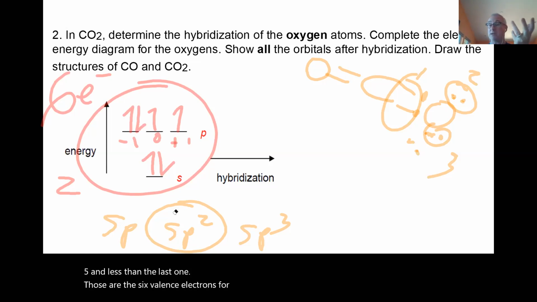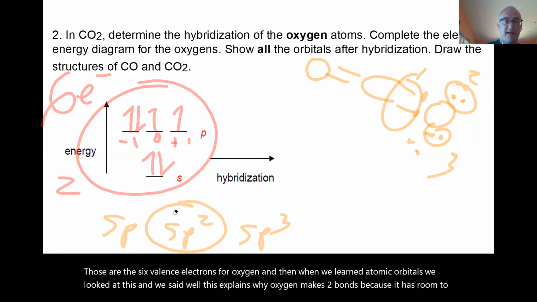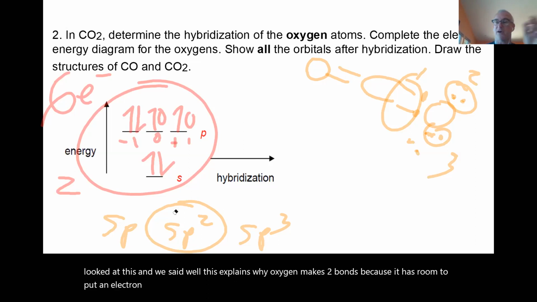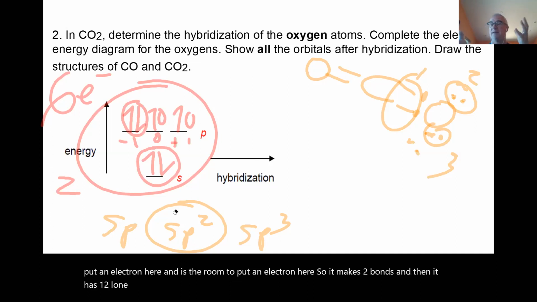And then when we learned atomic orbitals, we said this explains why oxygen makes 2 bonds, because it has room to put an electron here and here. So it makes 2 bonds, and then it has 2 lone pairs. And that made sense.